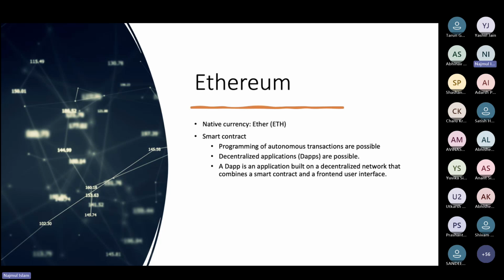Not only that, with the help of a smart contract, we can develop decentralized applications, which are also known as DApps. In DApps, in the backend you have the smart contract, and in the front end you have, let's say, some web type of things, or user interface and so on.